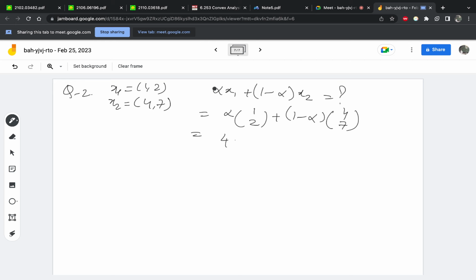Just apply the definition of convex combination, and what you end up getting is the vector (4 minus 3 alpha, 7 minus 5 alpha), and obviously alpha is between 0 and 1. So you just substitute different alpha values and compare with the options.